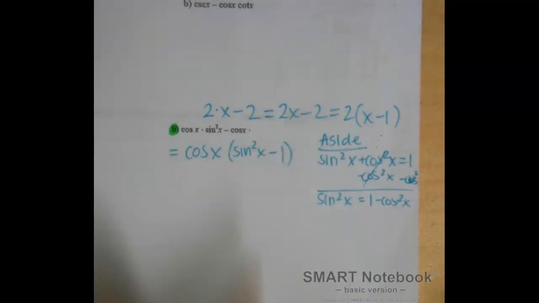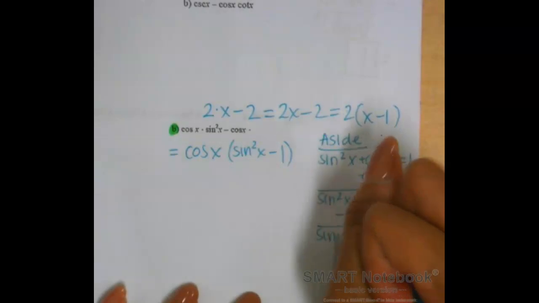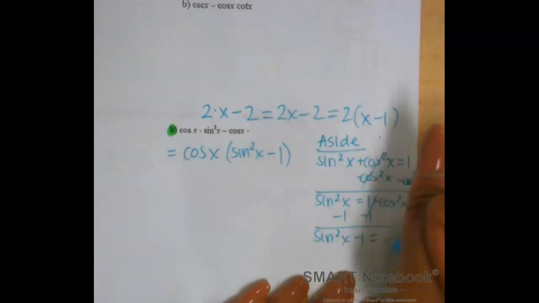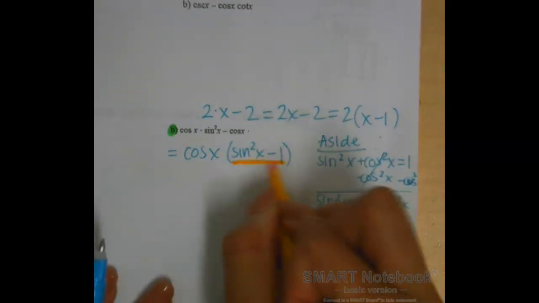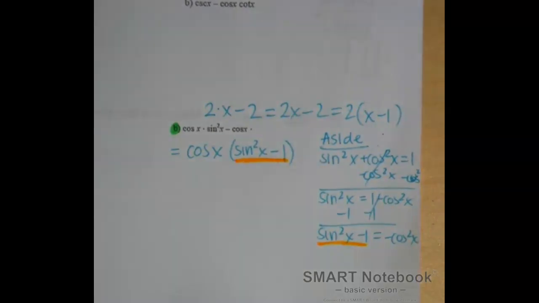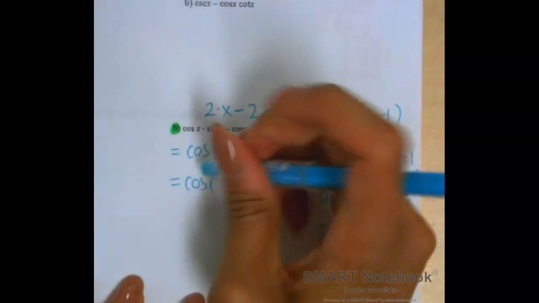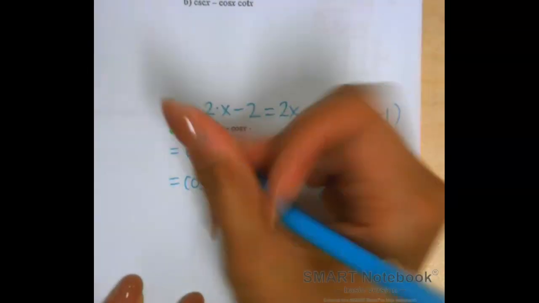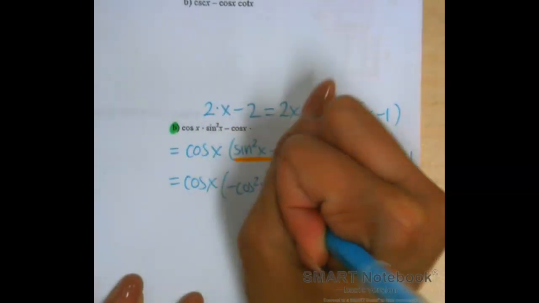What else do I need to move here? So I'll have sine squared x minus 1 equals negative cosine squared x. So let me just confirm this, Valerie. You match this with this side here, right? What can I replace in that parentheses now? So this is cosine x, and we're going to put in parentheses negative cosine squared x.